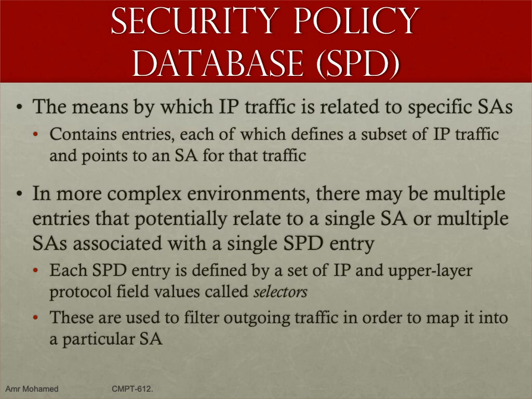So we can define, for example, that traffic going from that IP to that IP uses that particular security association. Or any traffic going to that IP uses that security association. Okay? So we can define the selectors in any combination of these. These are used to filter outgoing traffic. Sorry, outgoing traffic means getting into the tunnel, in order to map it into a particular security association.